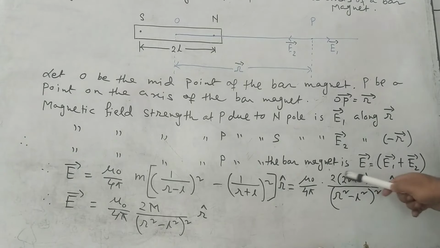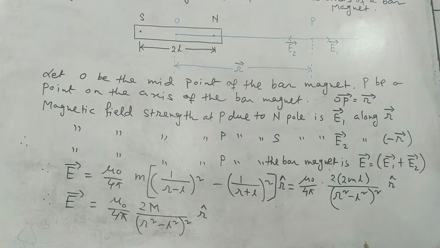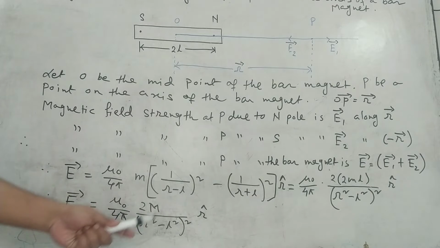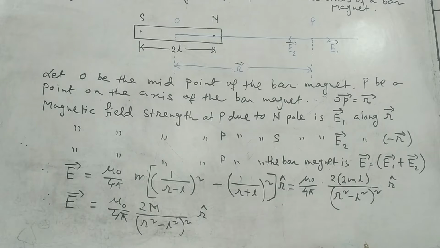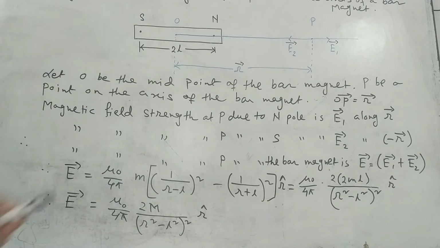You know that 2mL is equal to capital M, where capital M is the magnitude of the magnetic dipole moment. That's why we can write that E vector is equal to mu 0 by 4 pi, 2 capital M r by (r square minus L square) whole square, r cap. This is the final expression of magnetic field strength at a point on the axis of a bar magnet.